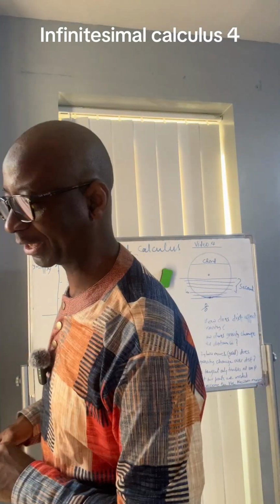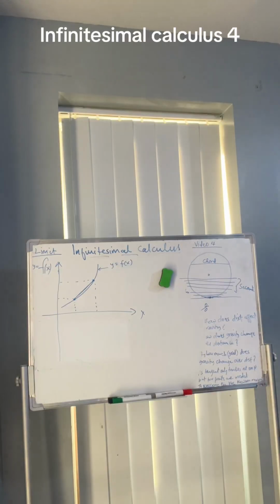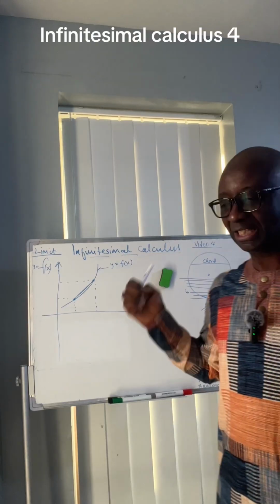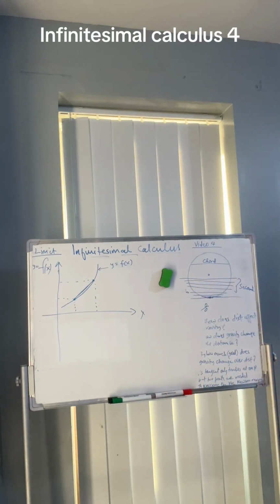Calculating average speed or average velocity becomes very useless in space technology. They are not considered because force varies with position and time.